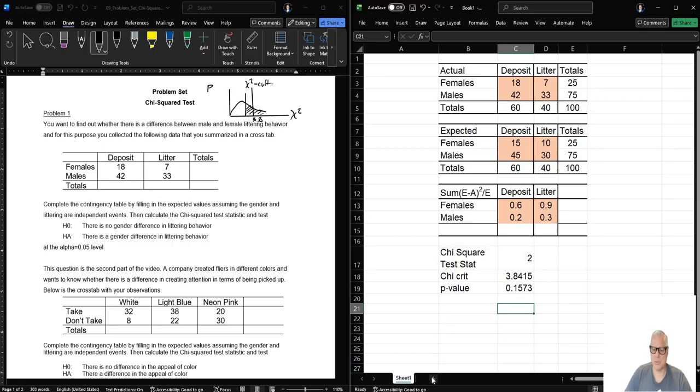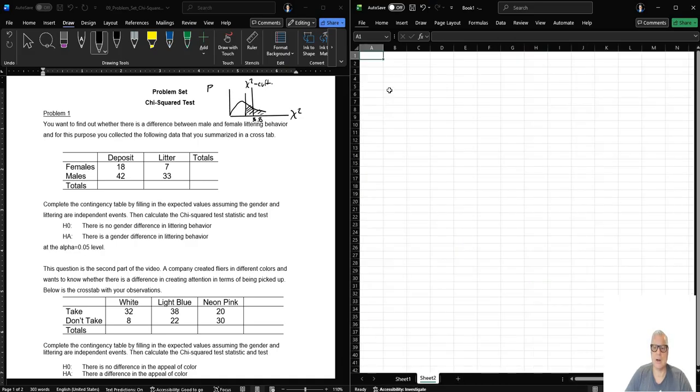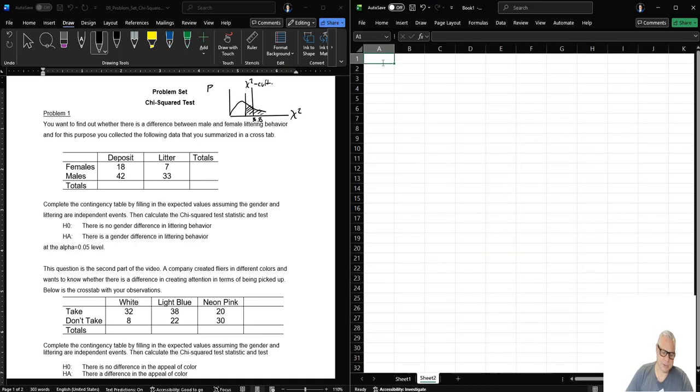So there's one other thing I just want to show you. I want to show you what the chi-square distribution looks like. And so I do that quickly in a separate sheet. So I'll just create a chi.